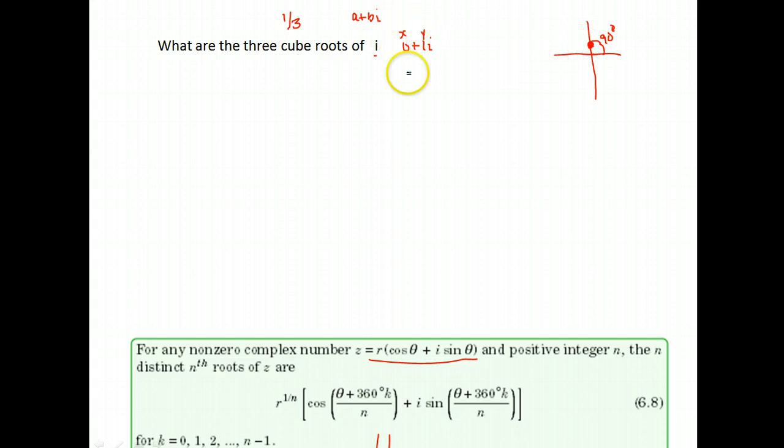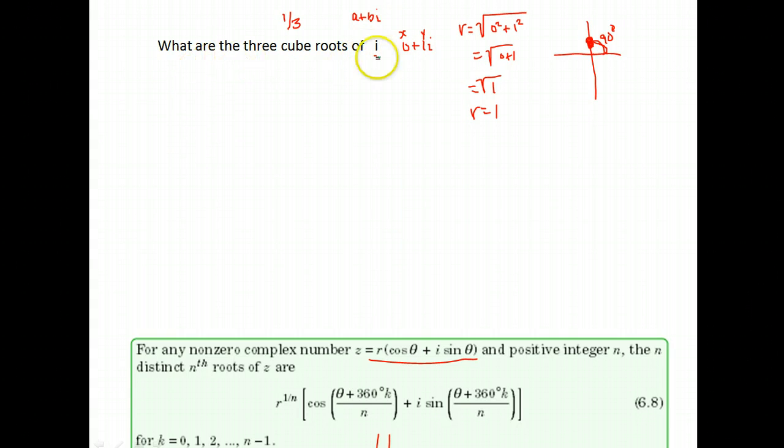Okay, to find your r, you do the square root of your first number squared, which is 0, plus the second number, the y, squared, which is 1. So we really get the square root of 0 plus 1, or the square root of 1, which is 1. So our r is 1, and for theta, which usually we use tangent to find, we can see clearly from our graph that we're at 90 degrees, based on the fact that our x was 0 and our y was 1.